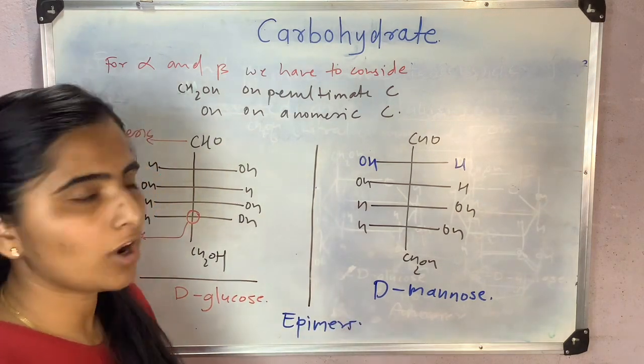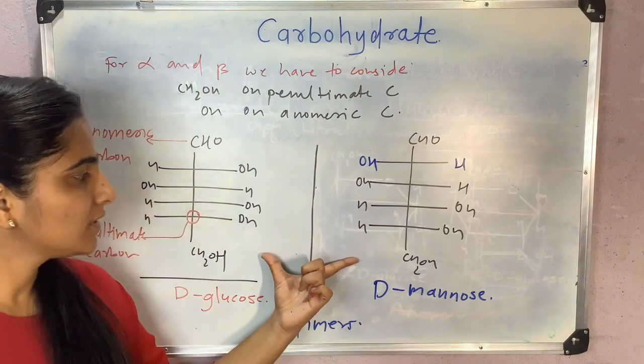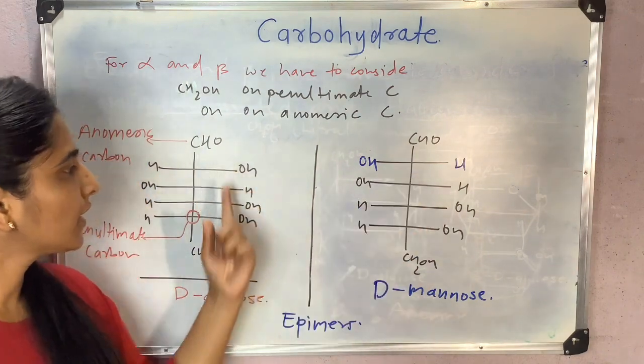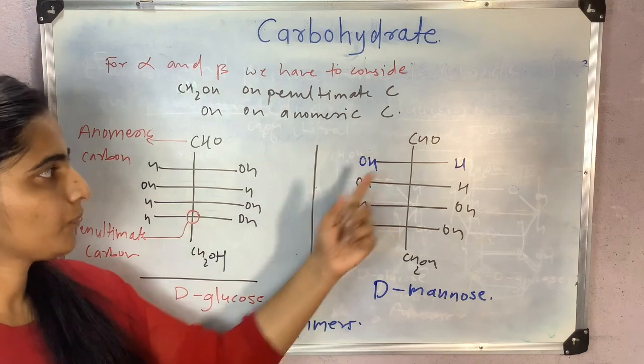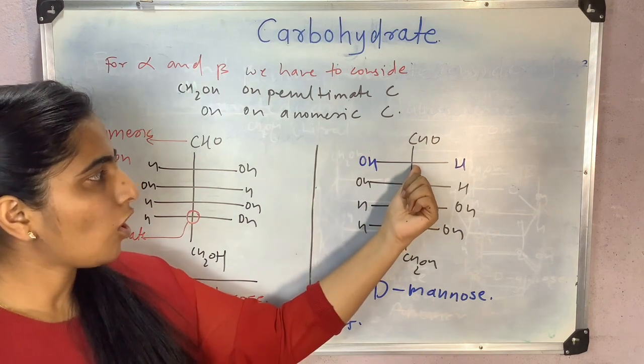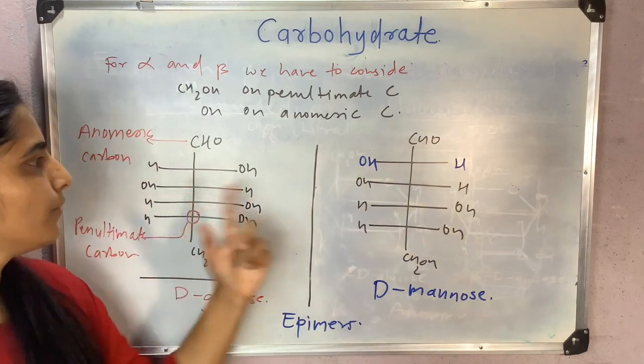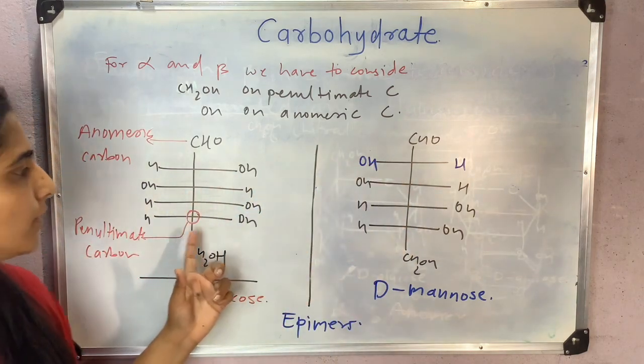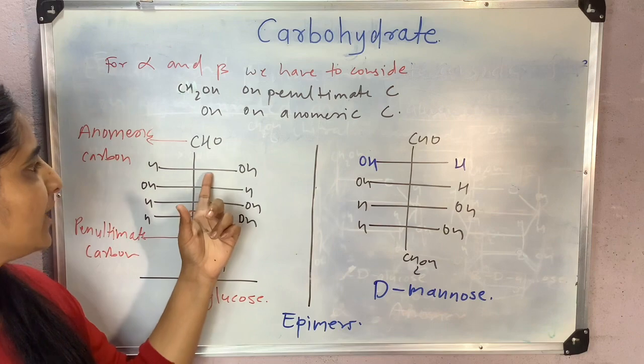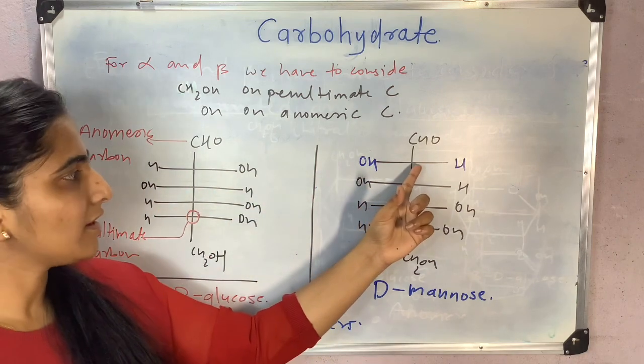Now epimers are what? Diastereomers with more than one chiral carbon, but the configuration of only one chiral carbon is different. See here, the rest is the same, but the configuration of only one chiral carbon is different.